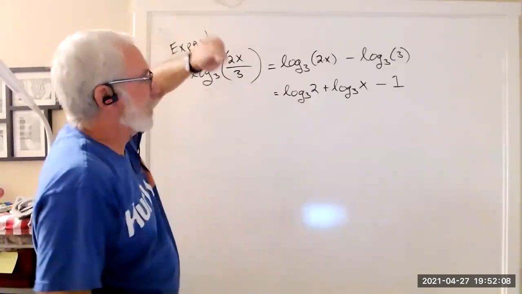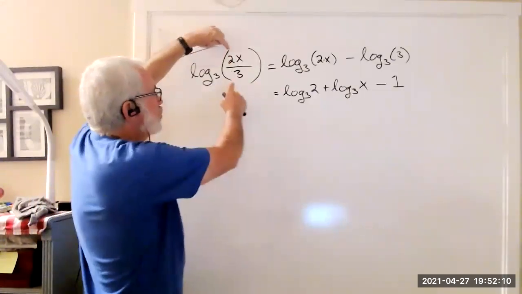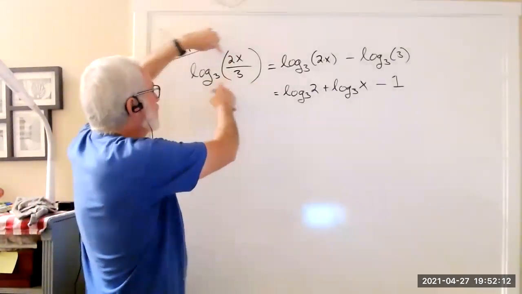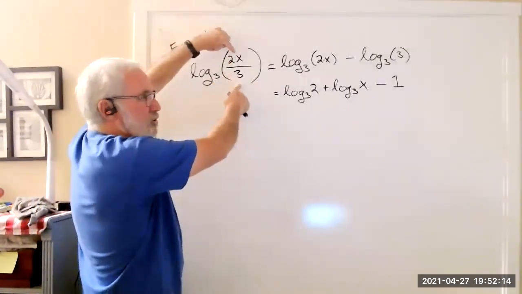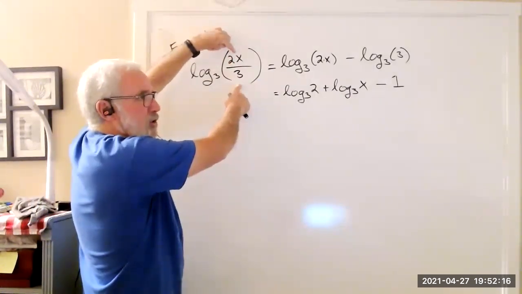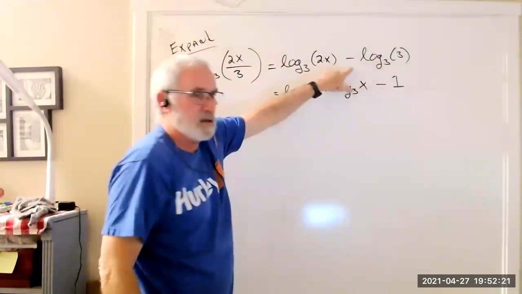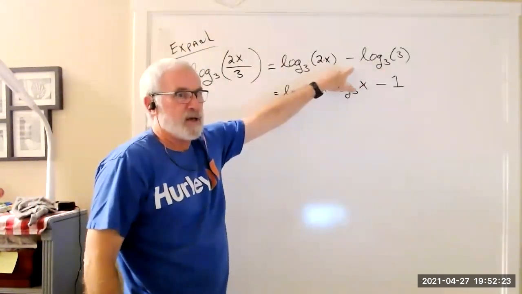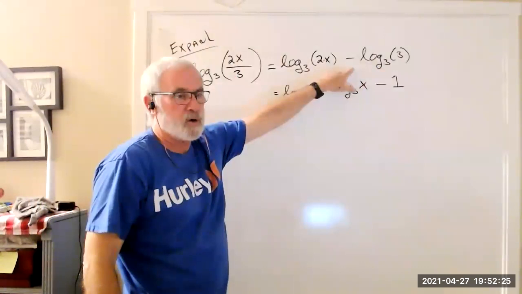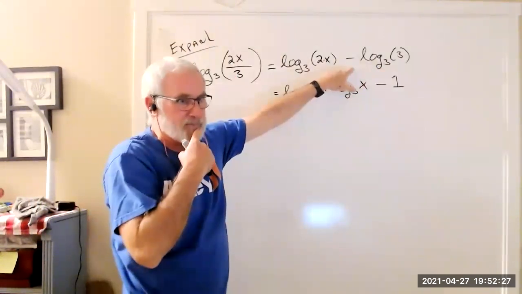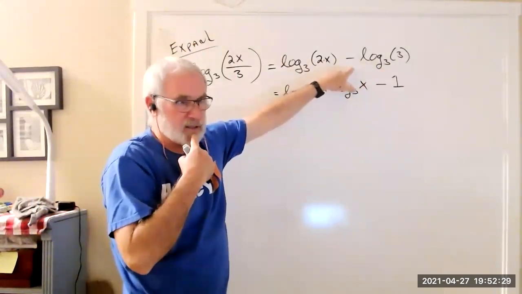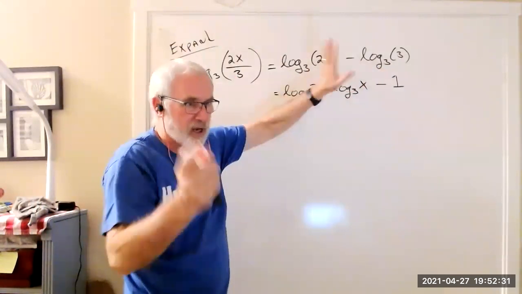So the first question I ask of everybody is, do you understand how I went from the log of a fraction, division, to two separate logs that were subtracting? Is that okay? That's called the quotient rule for logarithms. Is there any hesitation on that from everybody? You're okay.